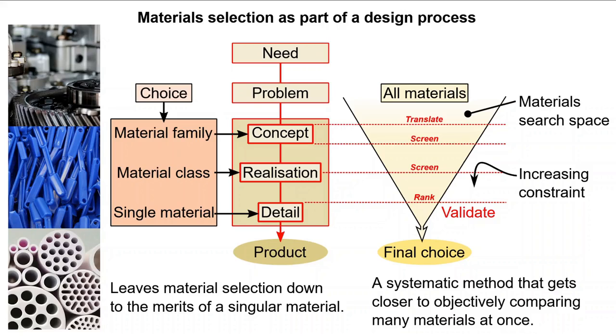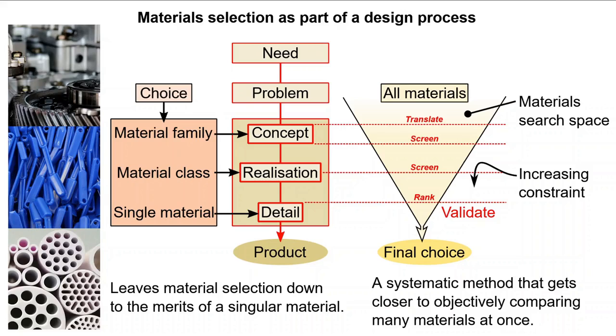Starting with all materials occupying a search space, a translation step is first taken to provide a framework to screen all material in the search space which does not meet design objectives, and finally permitting ranking. With this process, many materials can be compared at once by systematically applying constraints to the selection process.